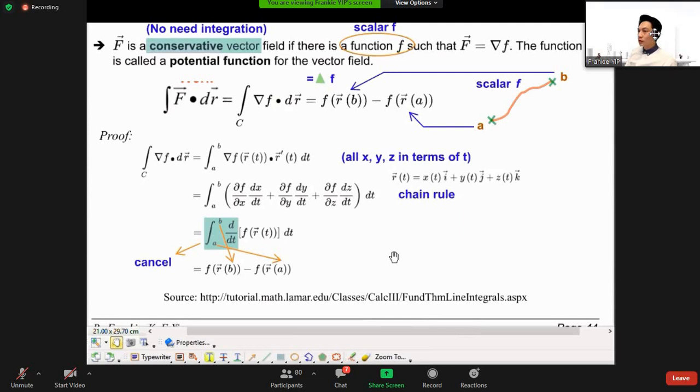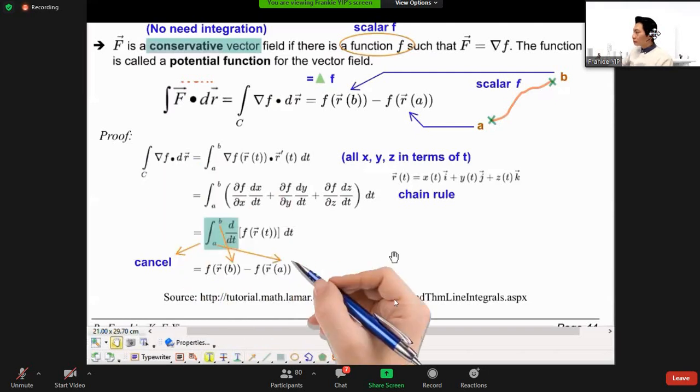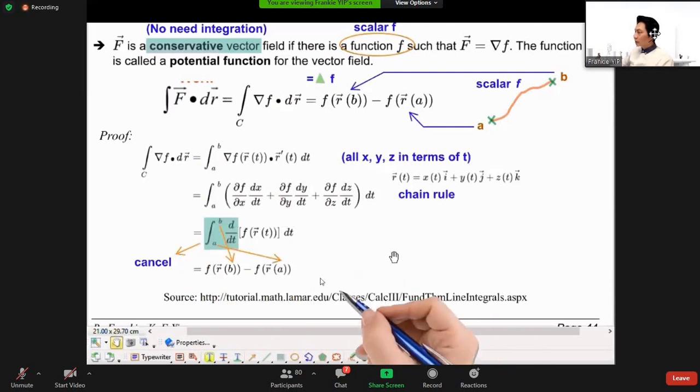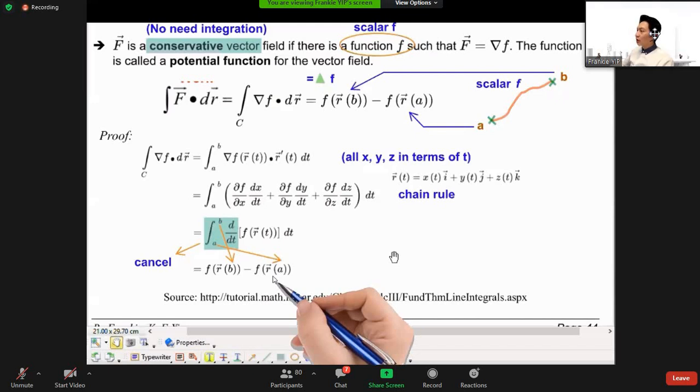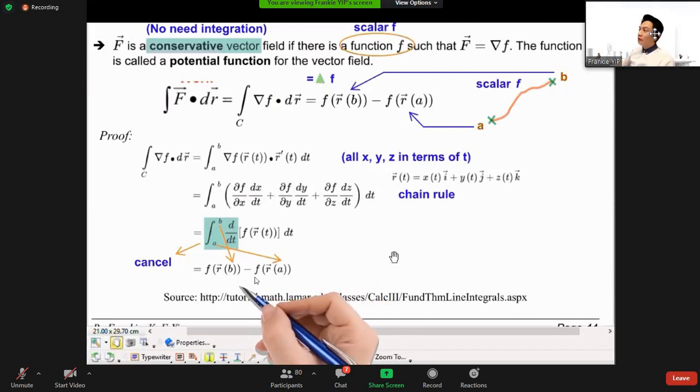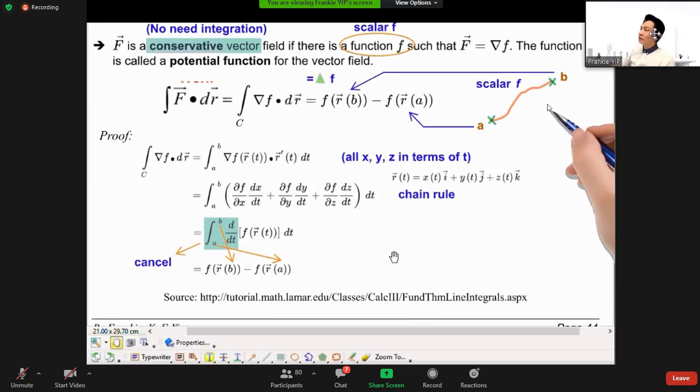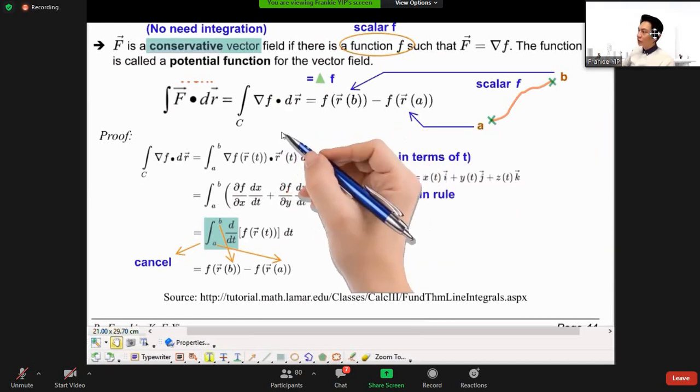Got it? So that means we have no need to think about the path, which path is from A to B. And also we have no need to do the integration for this one.